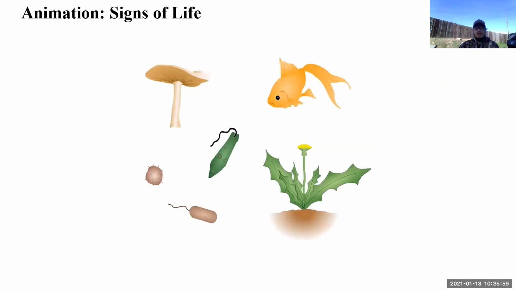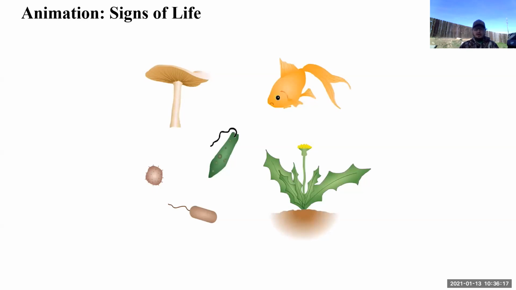What that means then is, how do we actually classify these things as living? Why do we say a tree is alive, or a certain species of bacteria or microbe?